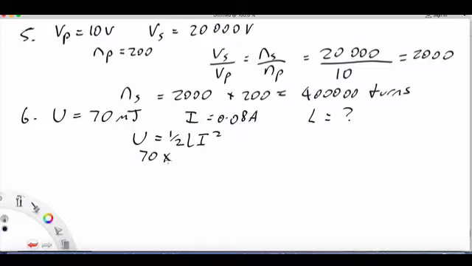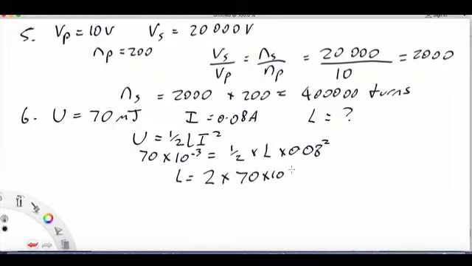So 70 millijoules, which means times 10 to the minus 3, equals a half times L times 0.08 squared. So we have L equals 2 times 70 by 10 to the minus 3 over 0.08 squared. And that gives us that the inductance is 22 henries.